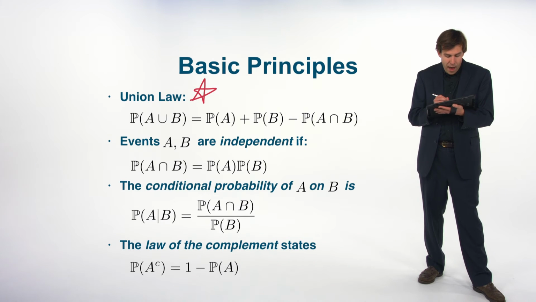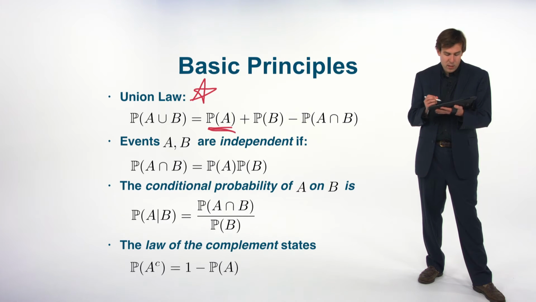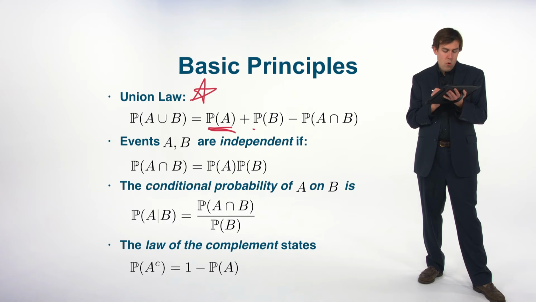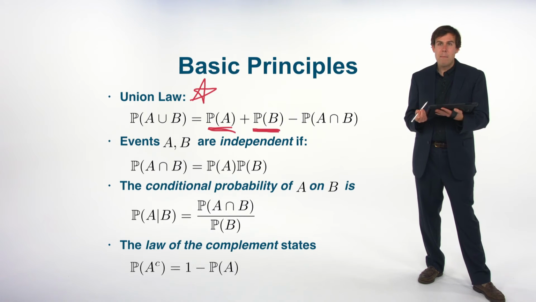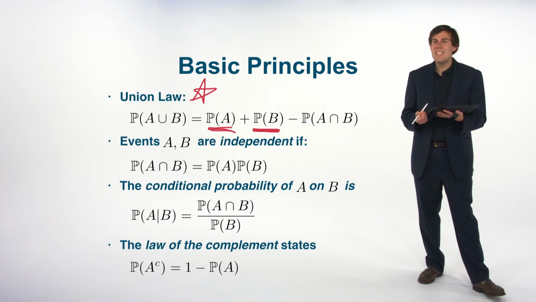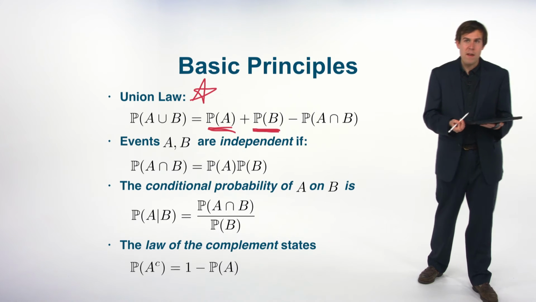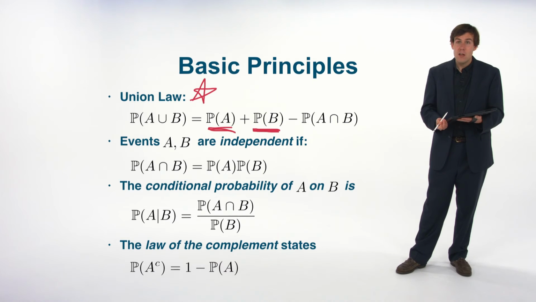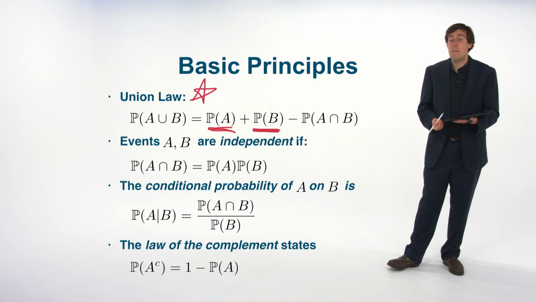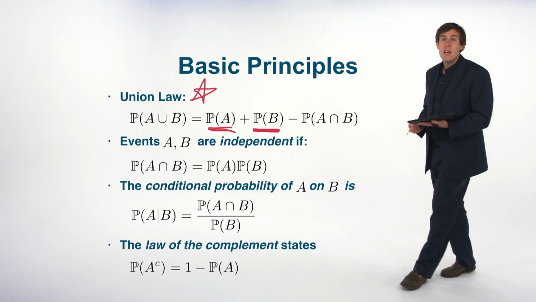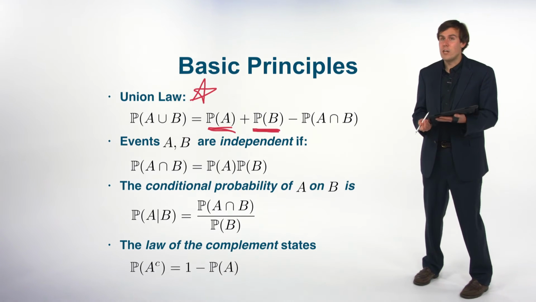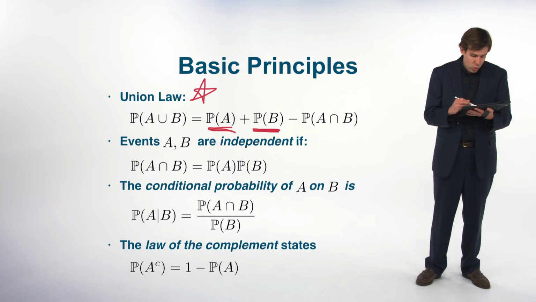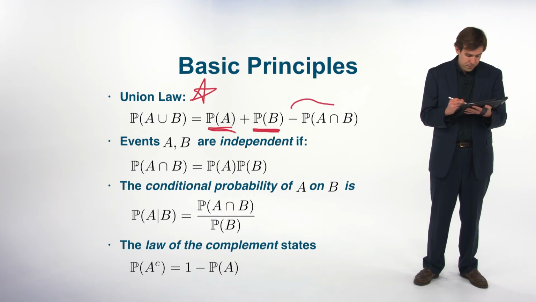I can have A happen, so I get the probability of A, or B can happen, but then it's not enough to just add the probability of A and the probability of B. I need to subtract the probability that both of them happen. That is, I need to subtract their intersection. This is to avoid double counting.